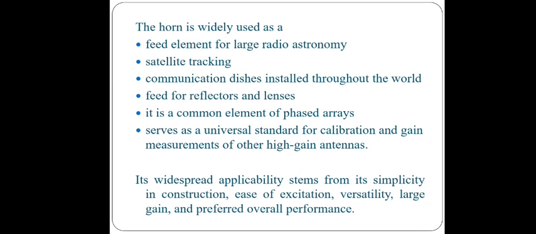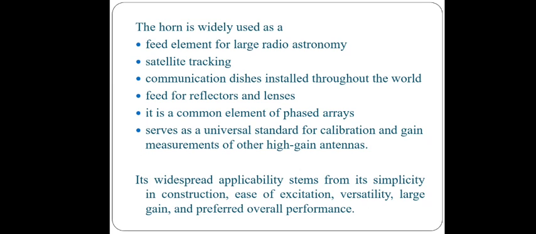Communication dishes installed throughout the world are all built with the horn antenna. Feed for reflectors and lenses: just now I told you the reflector antennas' feed point is horns, because it gives the maximum efficiency compared to dipole antennas. It is a common element of phased arrays.